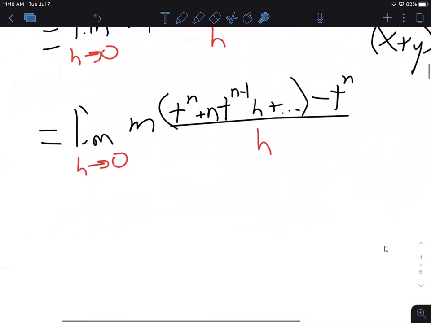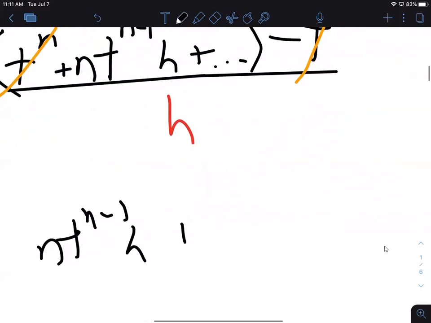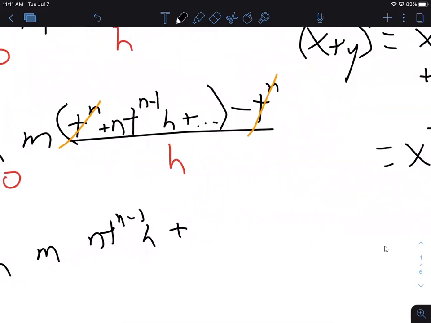Okay, so I can cancel now. I have t to the n here, plus a bunch of other stuff, and then I'm subtracting t to the n. So I can get rid of these. And when I do that, I end up with a bunch of terms, and n t to the n minus 1 h plus a bunch of stuff that's also multiplied by h squared and h to the third and so on.